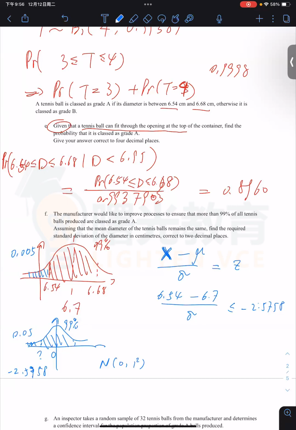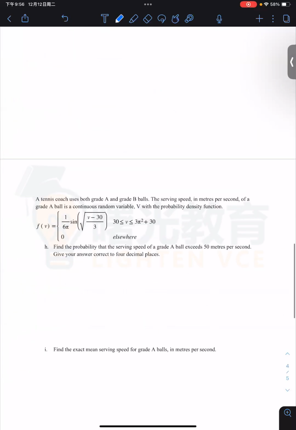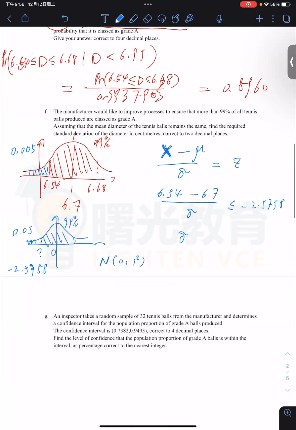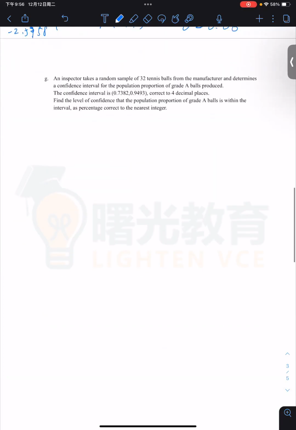After you solve this inequality, you can work out that the standard deviation is less or equal to 0.062, and the rest of the number we don't have to do because we just need 2 decimal places. So the maximum would be 0.06. That's it, 0.06.